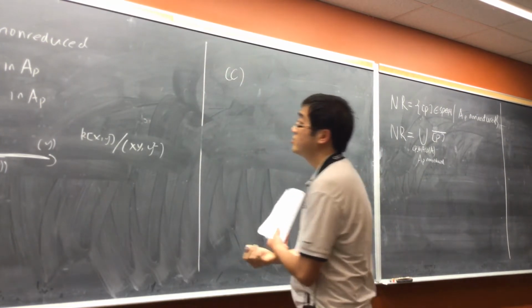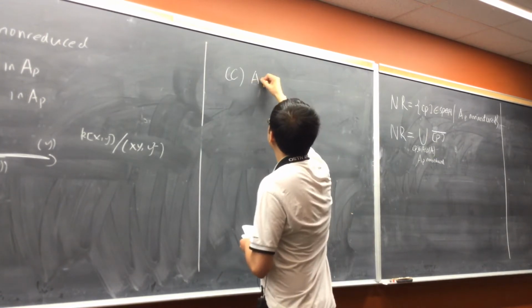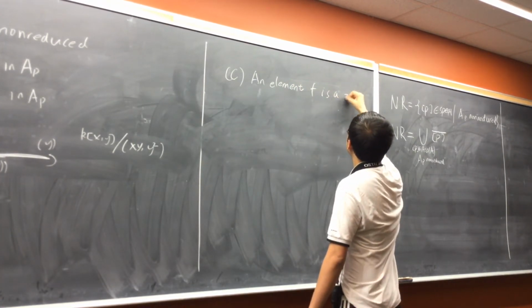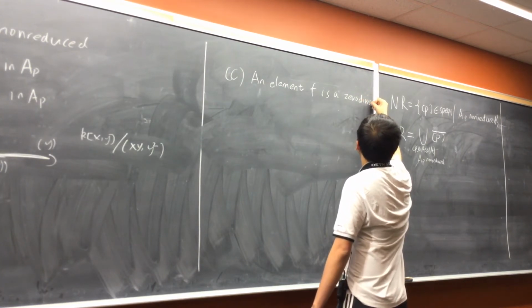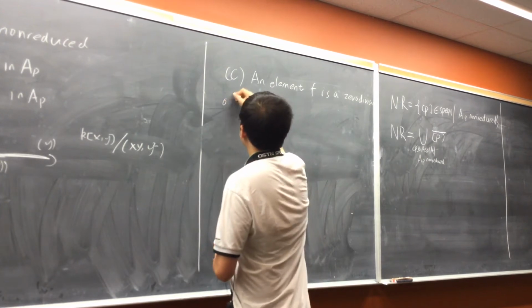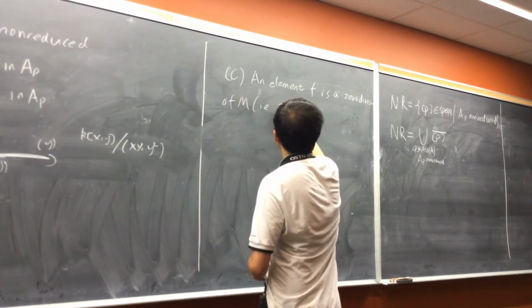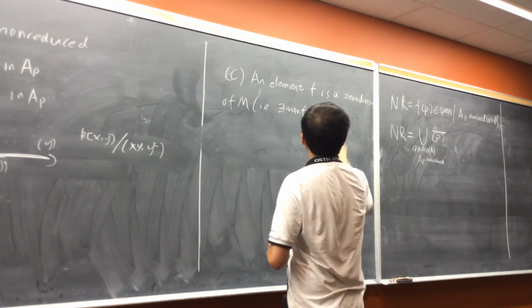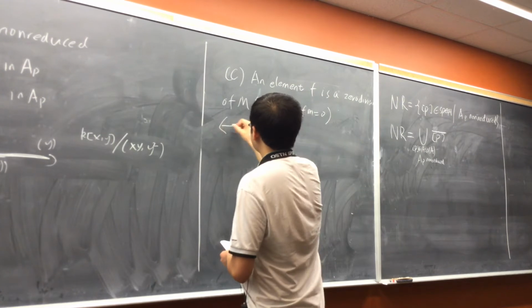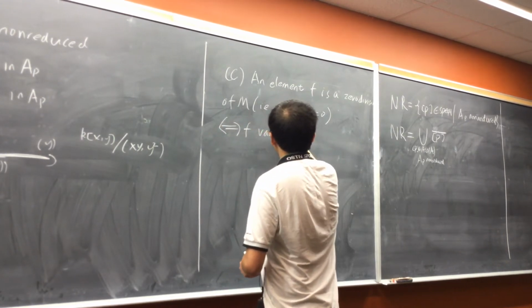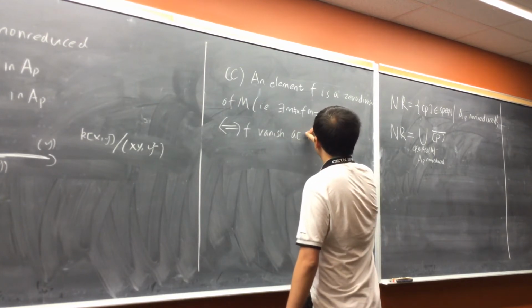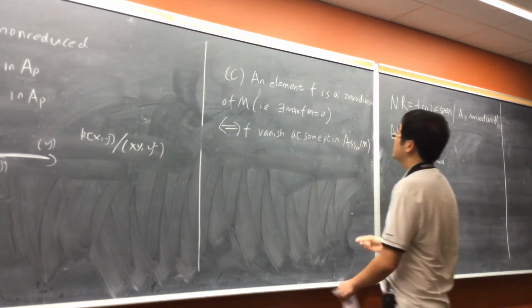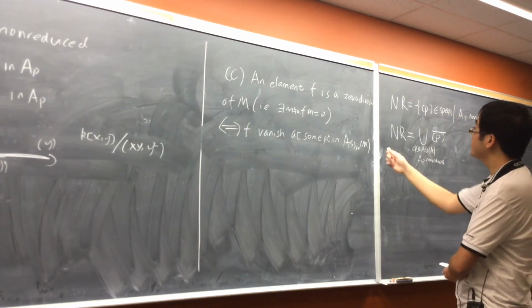And here is another property we're not going to prove right now. An element F is a zero divisor of M, that means there exists some m such that Fm is 0, if and only if F vanishes at some associated point.